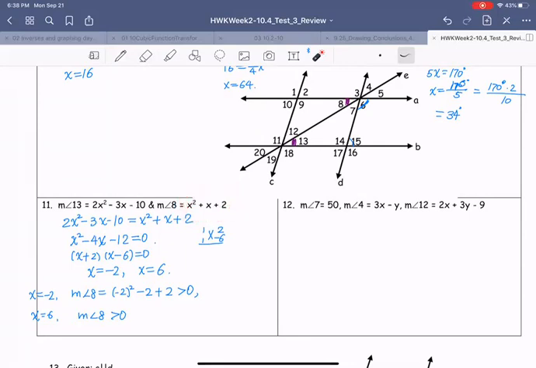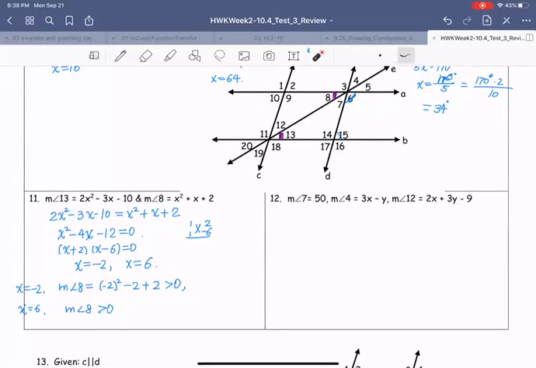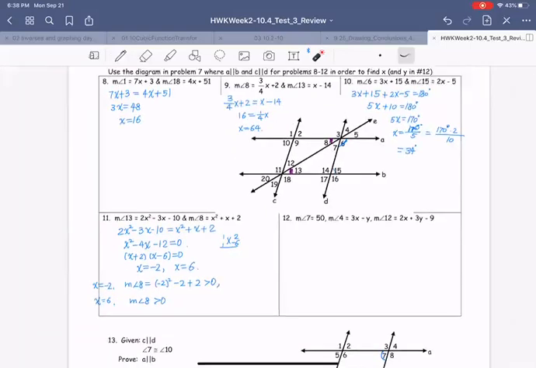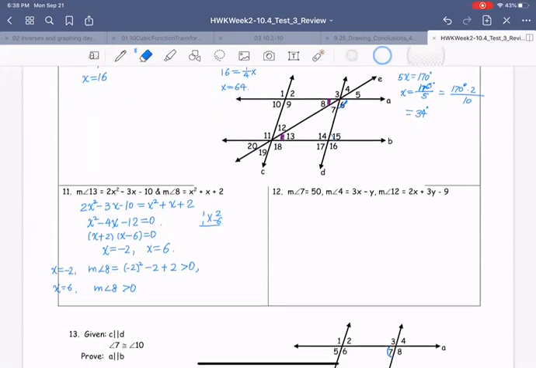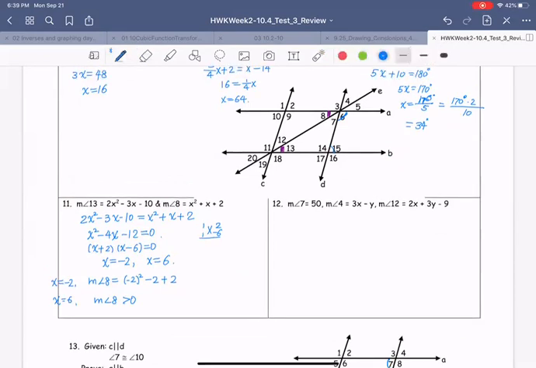Also be careful when they ask you to solve: it's better to also get the angles. Measure of angle 8 equals how much? Measure of angle 13 equals how much? Give the exact value, okay?